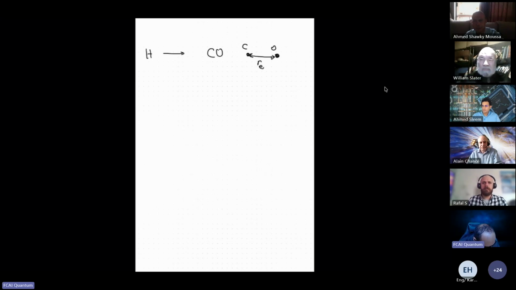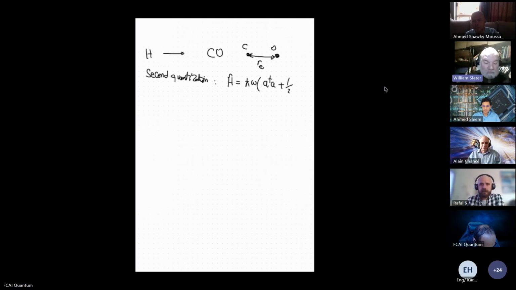So in the second quantization, the Hamiltonian takes this form, and this is my ladder operators.